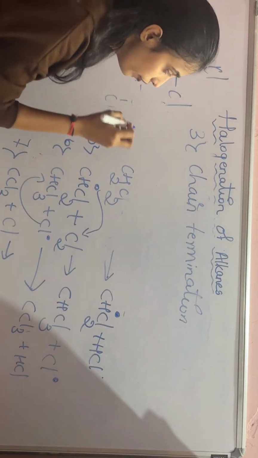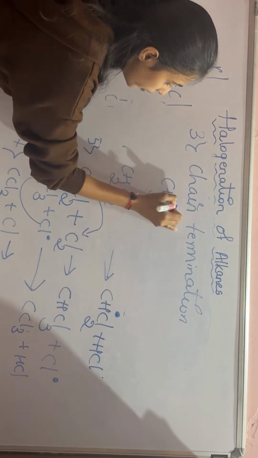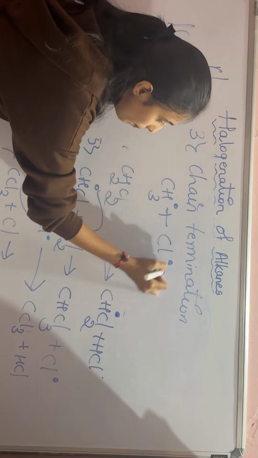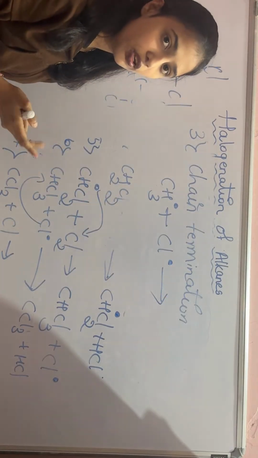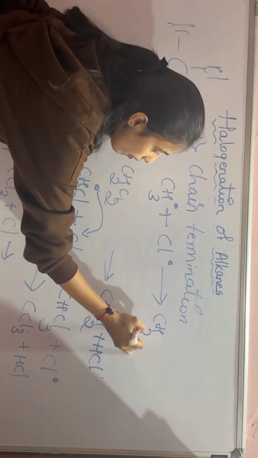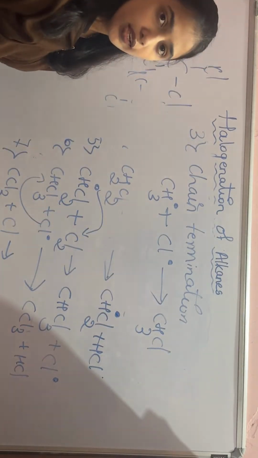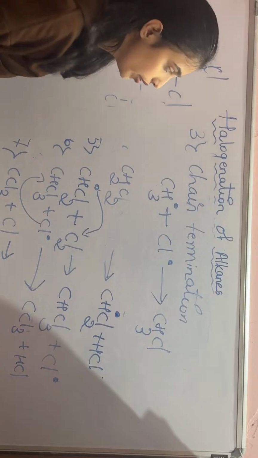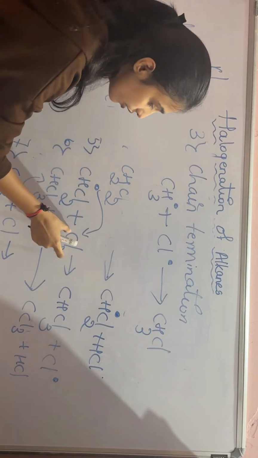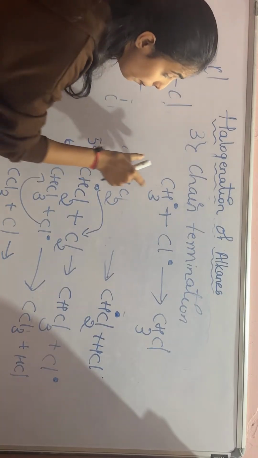During your chain propagation, if two free radicals combine with each other, then that will be the completion of the entire reaction. Whenever you have seen so far, if one compound was a free radical, the other was not.